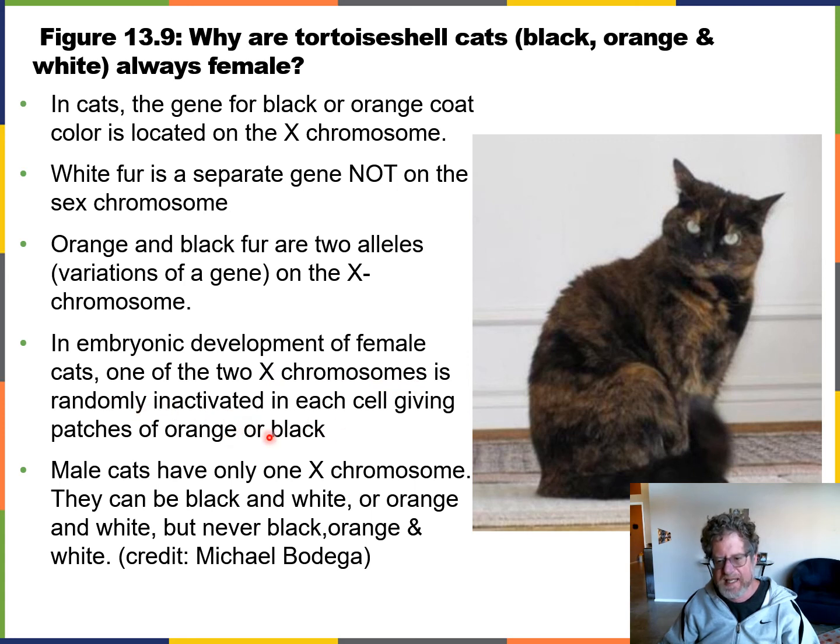If you happen to have a black allele and an orange allele, the black allele gives rise to cells with that gene turned on, and it might lead to a little black patch, whereas the orange allele gives rise to cells that are orange. It might lead to a little orange patch. The white is a different gene, so the white's there too.